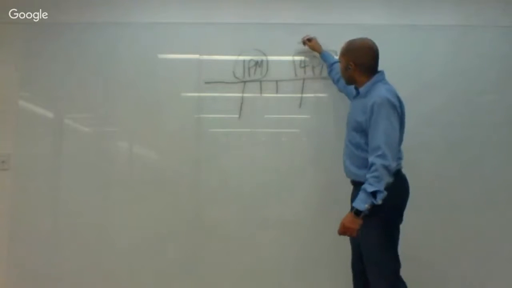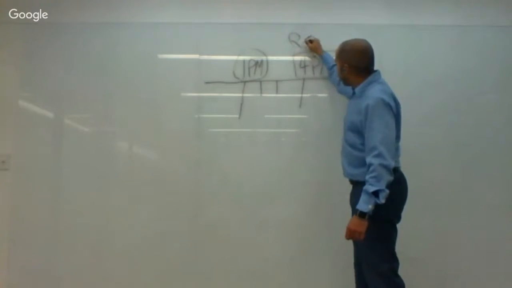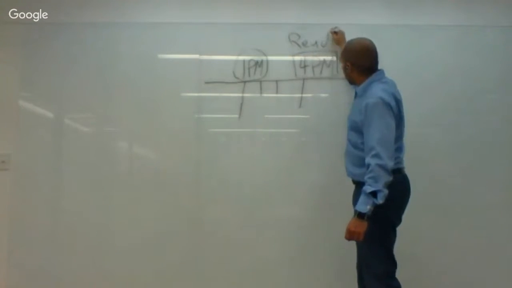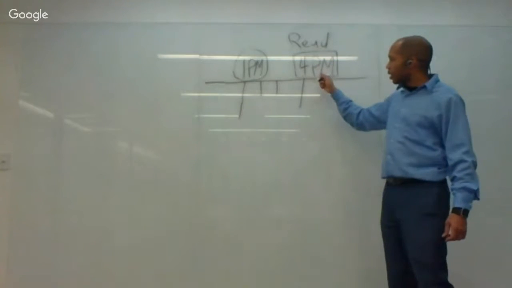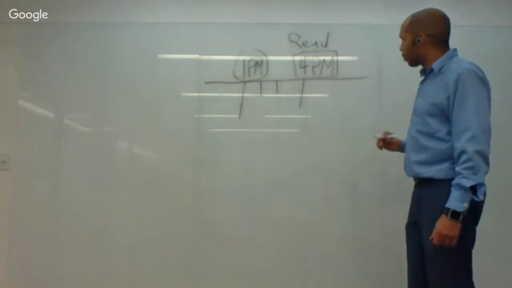So for something like this, I would use, for example, in a Korn shell, the read command to get this value. What time in the future do you want us to figure out the time difference of?